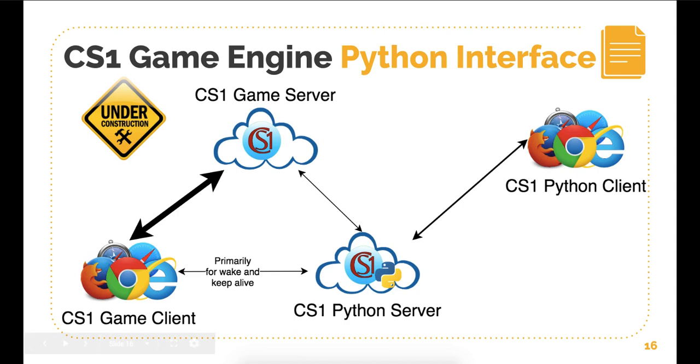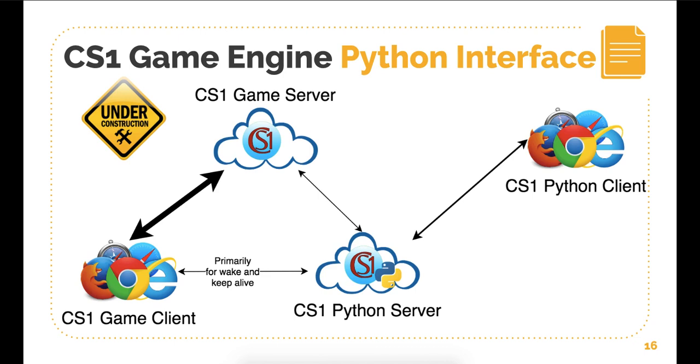And notice right here that this connection is primarily for wake up and keep alive, and what we would think is a better design for a multiplayer game would be to have the game server doing the interaction with the Python server, because a lot of times in multiplayer we'll have many clients that would very likely need maybe the same information, since we're sharing updates across the multiplayer network.